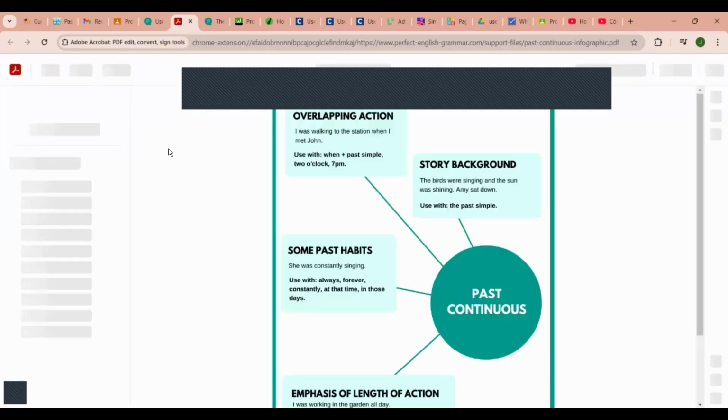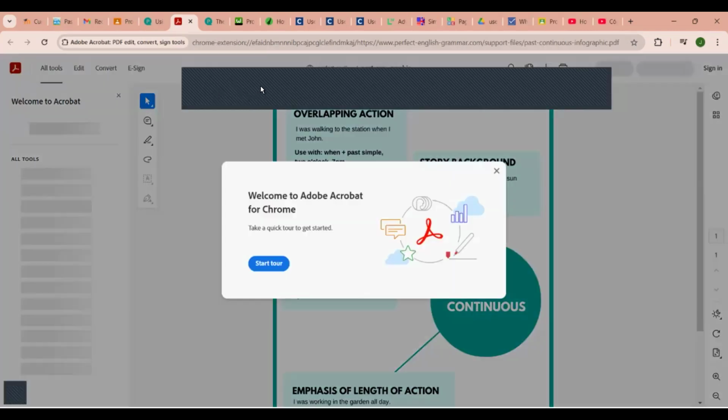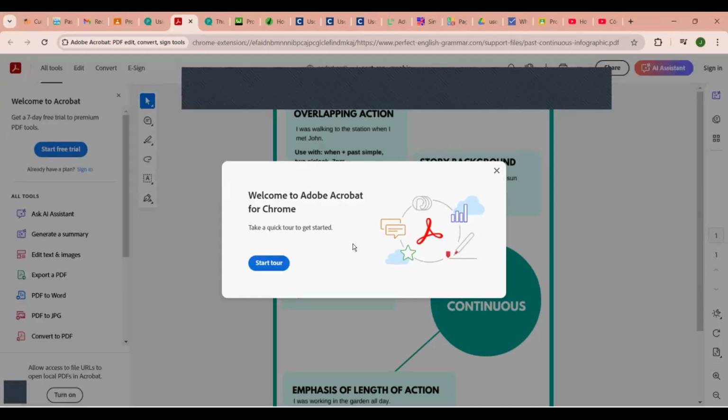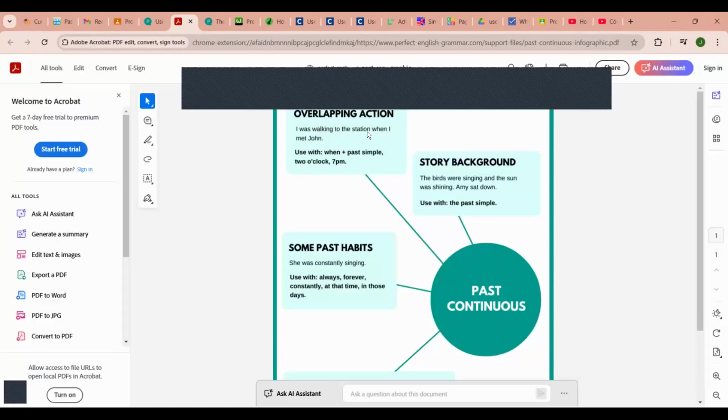That's why you see here the phrase, overlapping event. I was walking in the station when. It's super important that you remember when and while. When is the cuando in English, and it usually indicates a conjunction or an interruption.